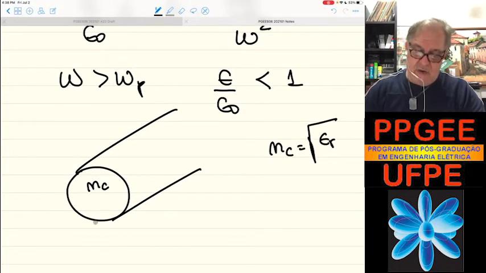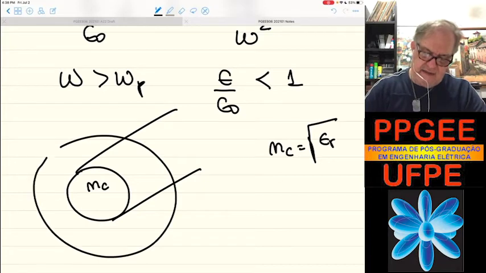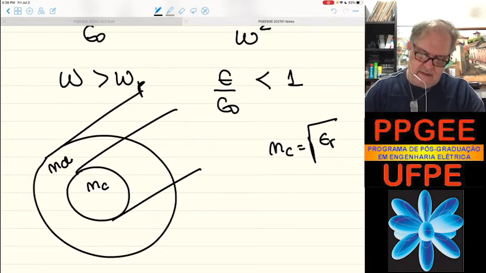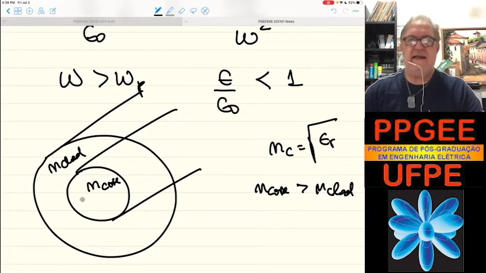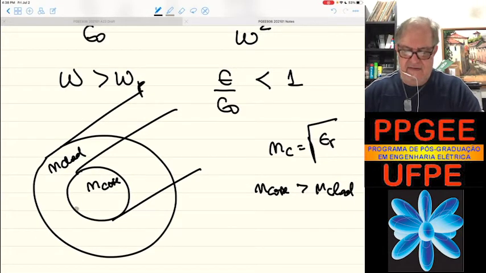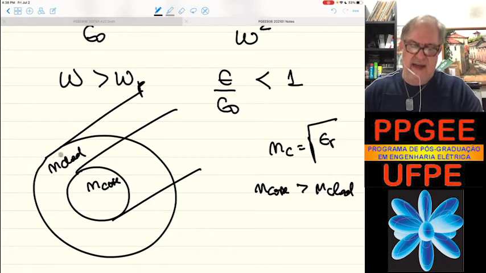Let's say the core and the cladding. And n core is generally larger than n cladding. So you can guide an electromagnetic wave by total internal reflection. You can guide a mode through the optical fiber, provided that you have n core larger than n cladding. You have guiding, right?